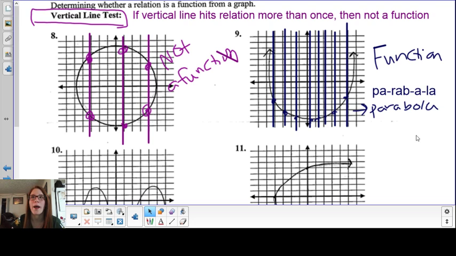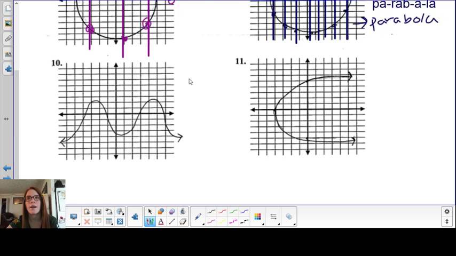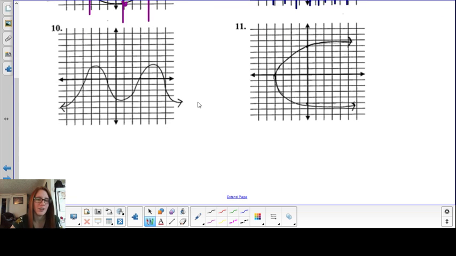Those are always going to be functions, always. Circles, not functions.